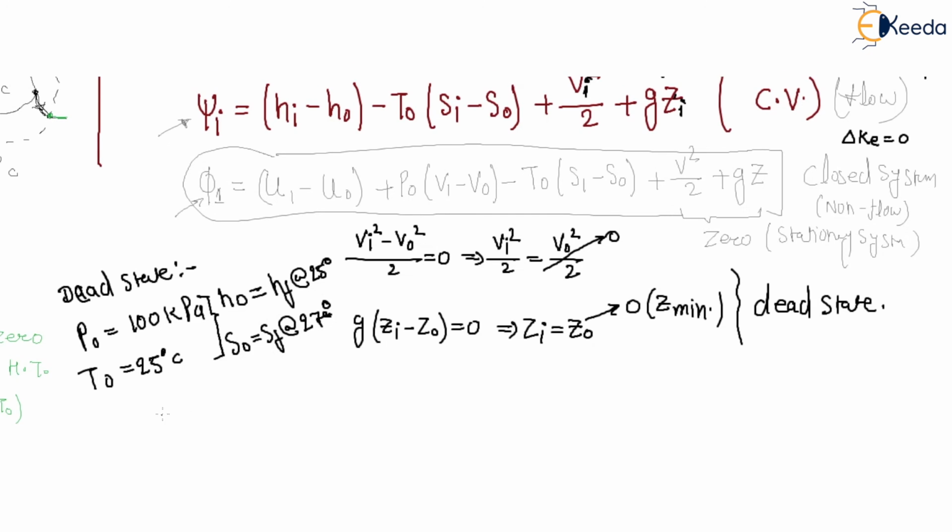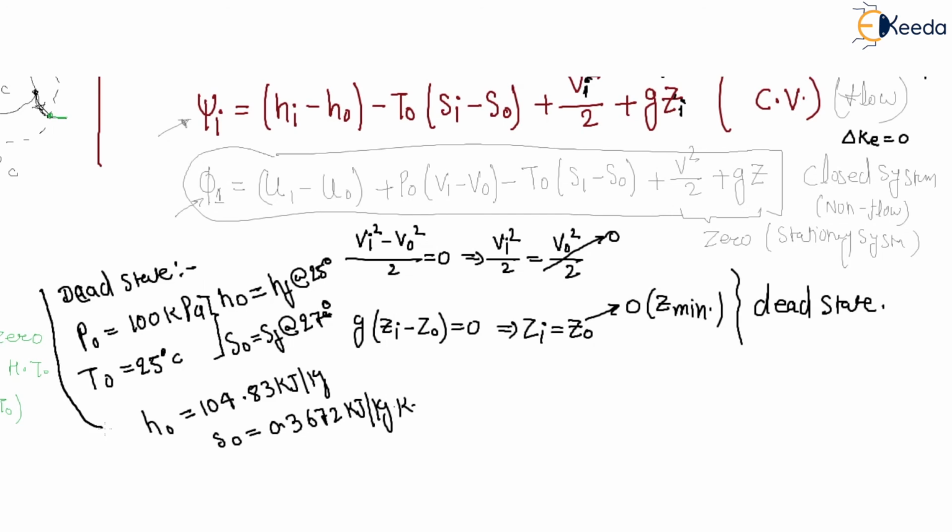These two values: H0 is 104.83 kilojoule per kg and S0 is 0.3672 kilojoule per kg Kelvin. So this is given from the table data you have.